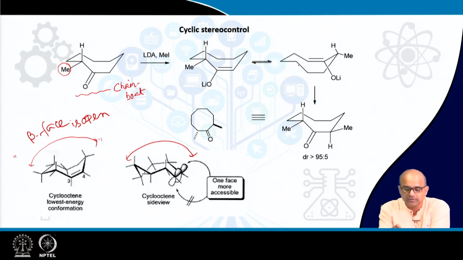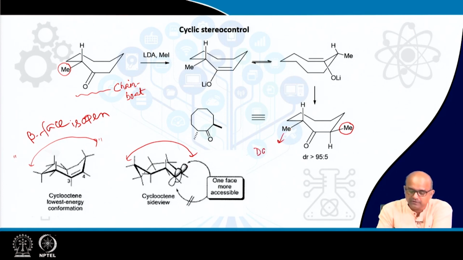Finally, the incoming electrophile will definitely attack from the beta face, meaning you get trans. This methyl is already alpha and the new group has to be beta, but the methyl does not play a role. So, this was the important point.